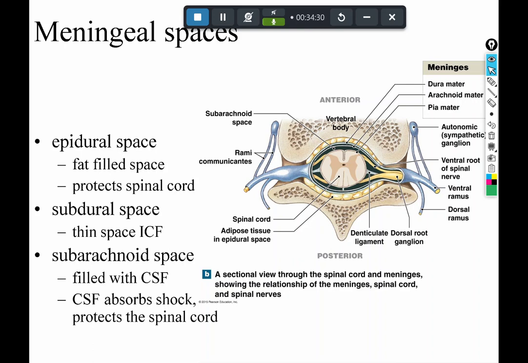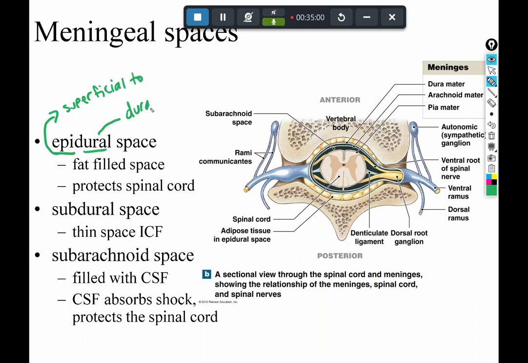Okay, so meningeal spaces. These are just spaces between or around the meninges, easy peasy. And this is another thing where if you memorize the order of something, it's easier to get to the right answer even if you're initially not sure. So we can also use our friends, root words, to do this. So epi means superficial to, and then dura refers to dura mater.